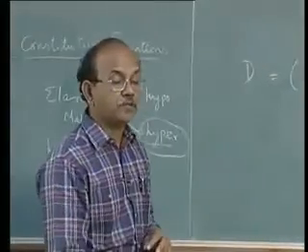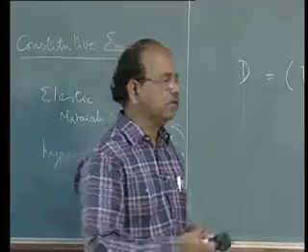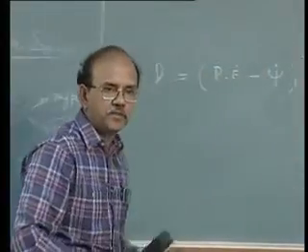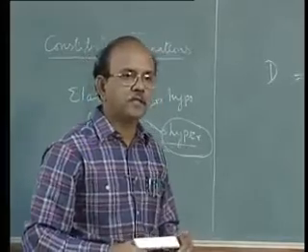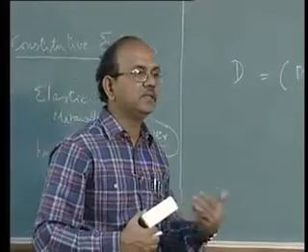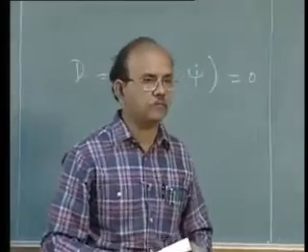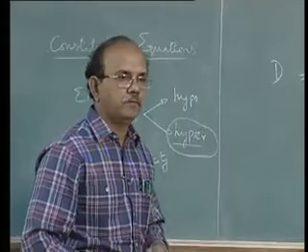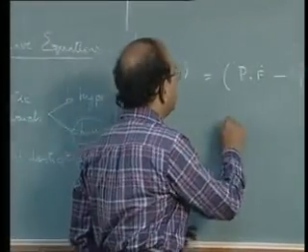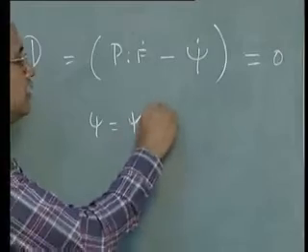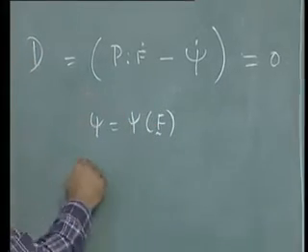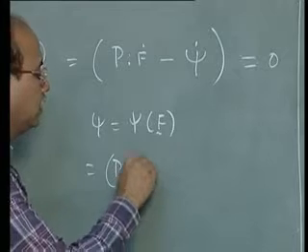Now, if this term happens to be equal to 0, then there is no dissipation of energy, which means that the process is completely reversible. Now, through the other principles, you can write psi to be a function of deformation, which is represented as F here, so that this equation now can be written as P colon F dot.